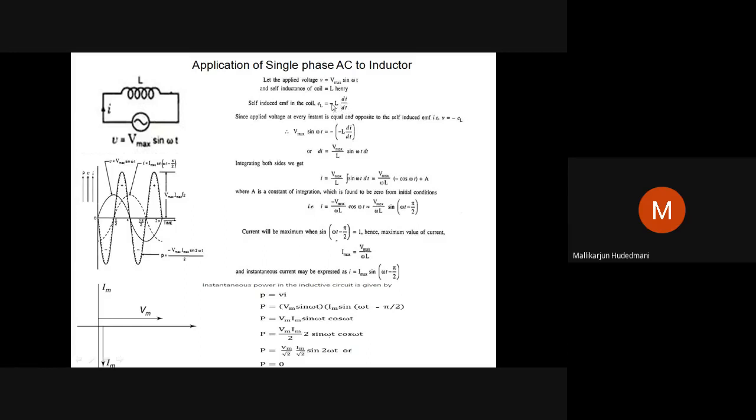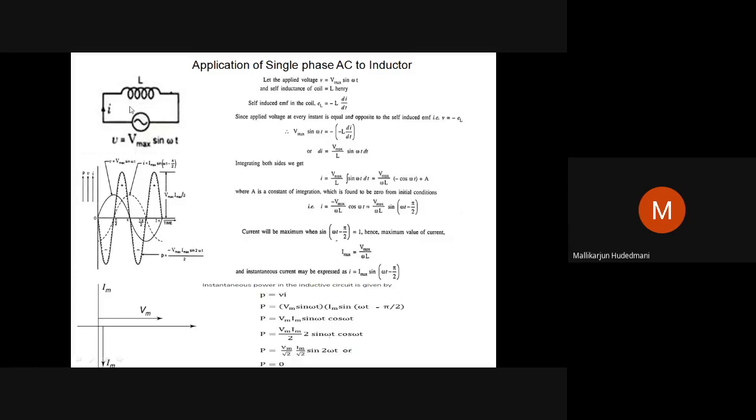The minus sign is because the so-called induced EMF is always opposing the voltage which is creating it. It is according to Lenz's law. So therefore, whenever we connect an alternating voltage to an ideal inductor, there occurs self-induction in the inductor as minus L di by dt. And this is always opposite vectorially to the supply voltage.